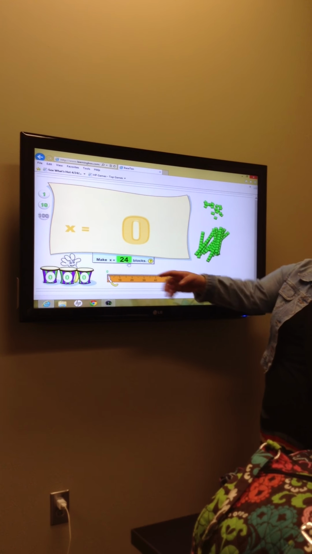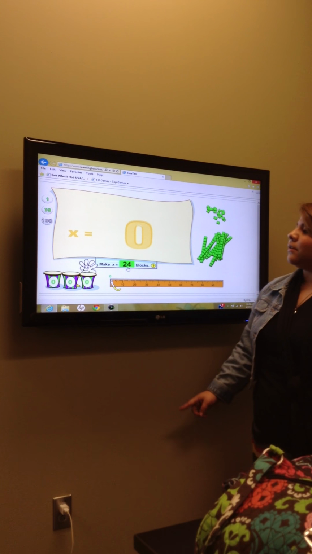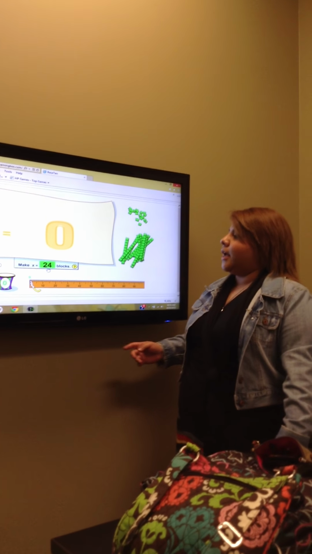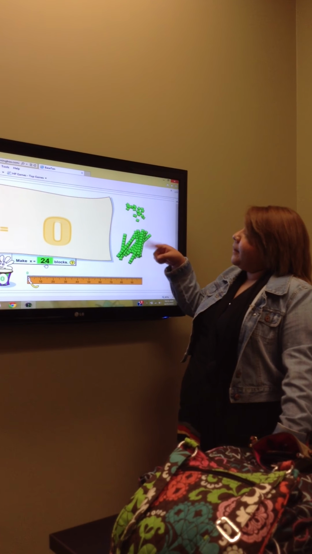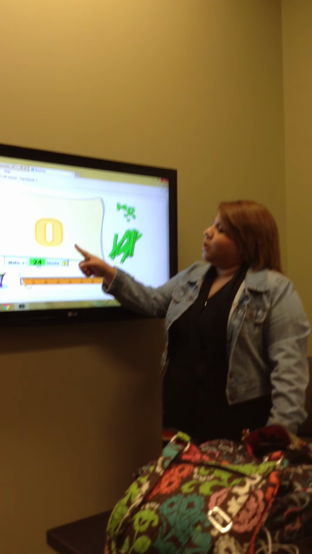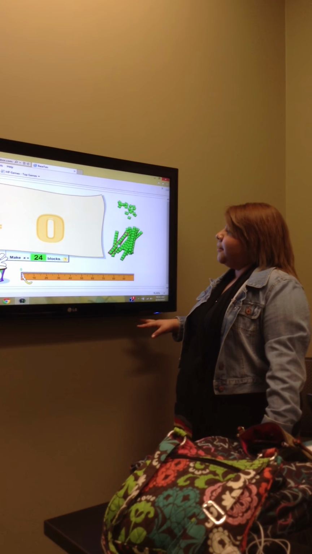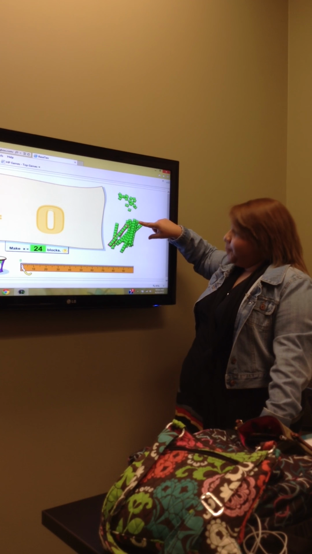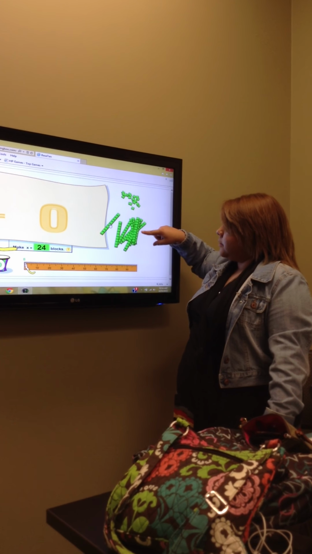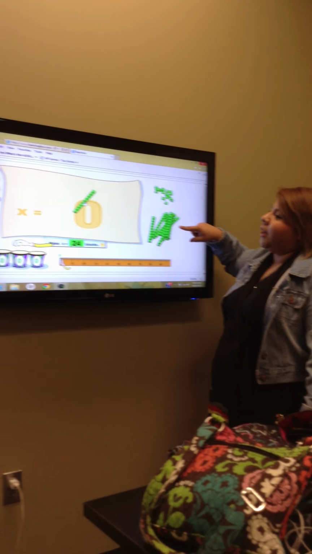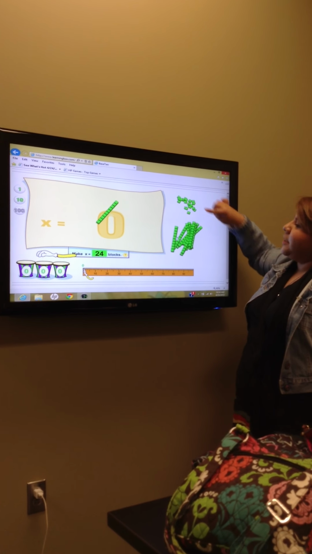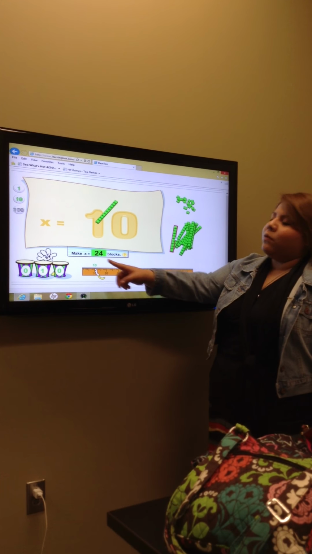So it's showing the x equals sign, and the x is representing how many blocks you should put onto the paper. So here's the 10 blocks that we were talking about earlier, and these are the single ones. So it's asking for 24 blocks.